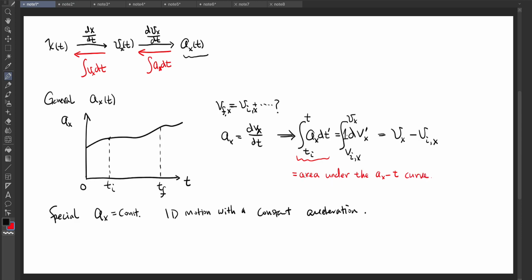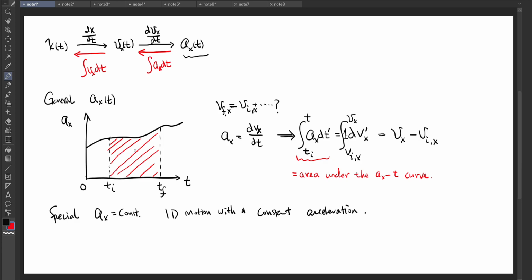Okay, so now let's put this understanding in the picture here. If I look at the area under the axt curve, that's the axt curve, right? This curve here. So the area is basically the shaded area where I put the slashed lines.